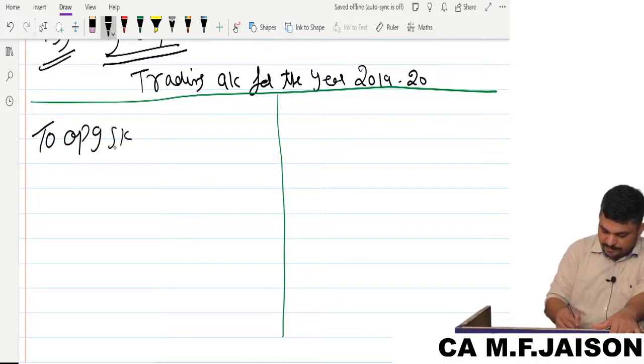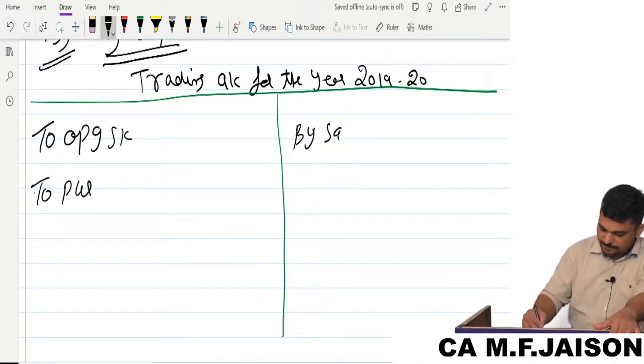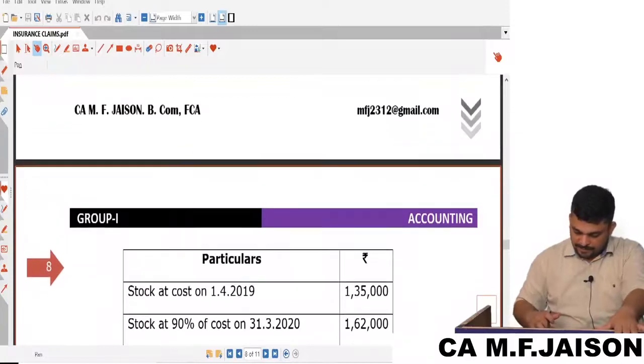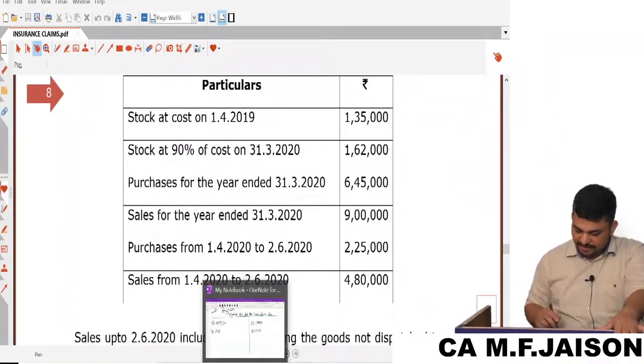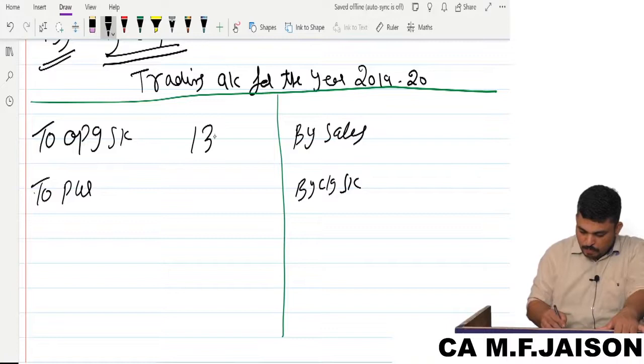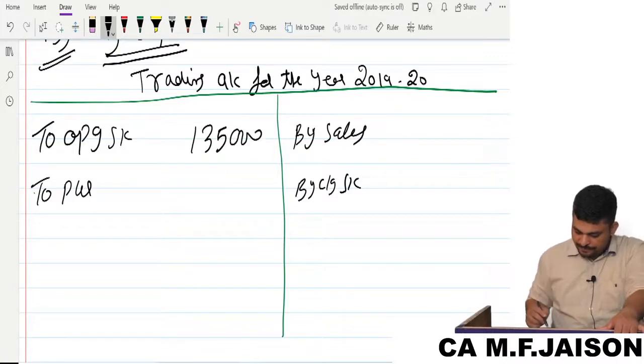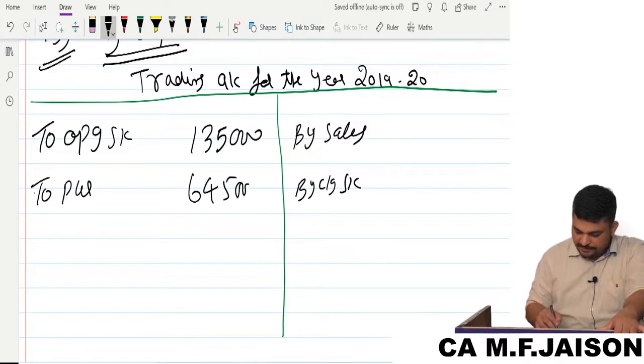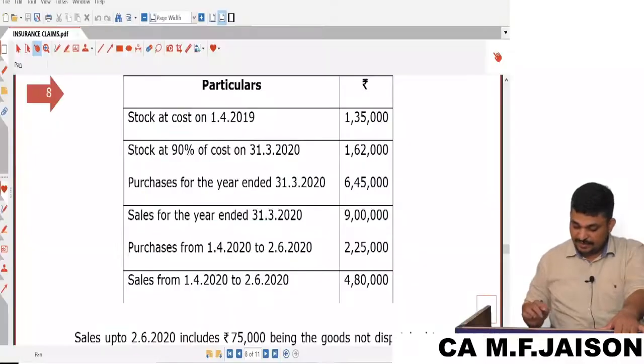Opening stock 1,35,000. Purchases 6,45,000. Sales 9 lakhs. Closing stock, it is given as 1,62,000 at 90% of cost.